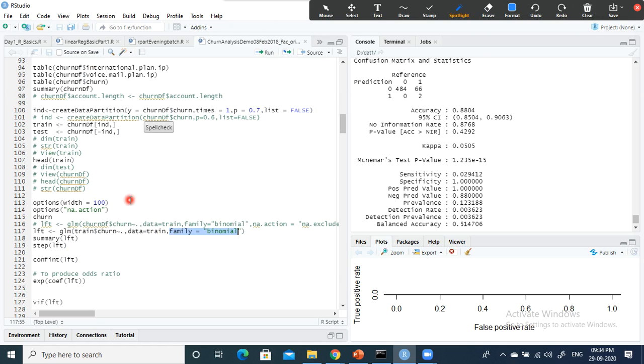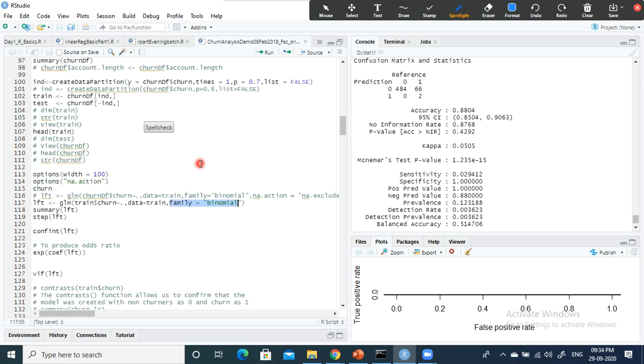You need to build a binomial logistic regression based on the training data set. If you don't specify this, it will still try to fit the linear regression model only. Our objective is not linear regression. We need to fit the logistic regression. Hence, you need to specify it explicitly. Look here, I specified it explicitly.